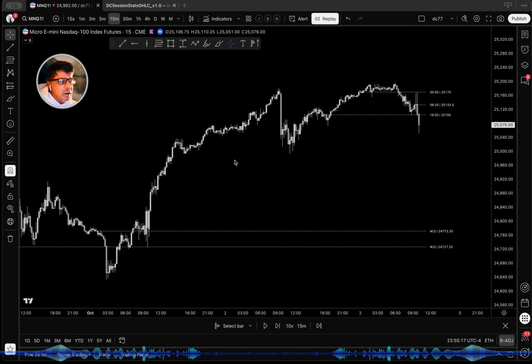It's a very, very, very strict model. But the reason that I developed this model is because I study the biggest trades during New York session, and I found that they all had this in common.